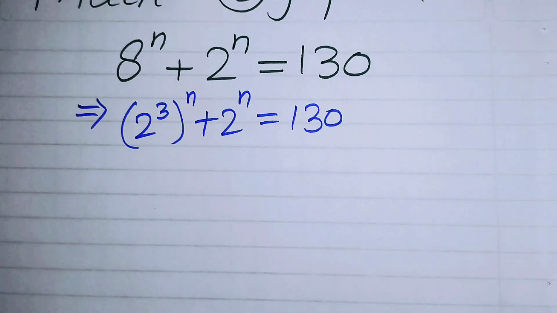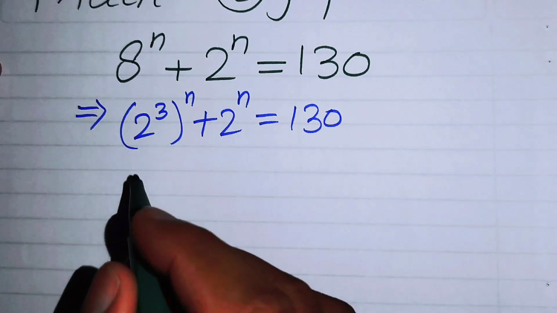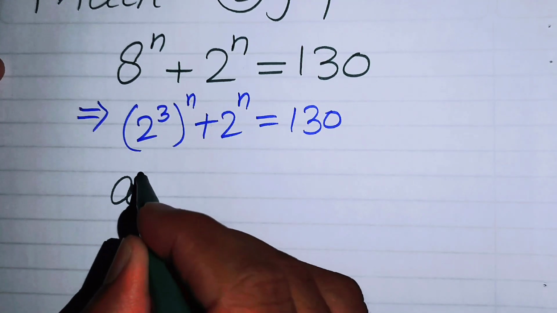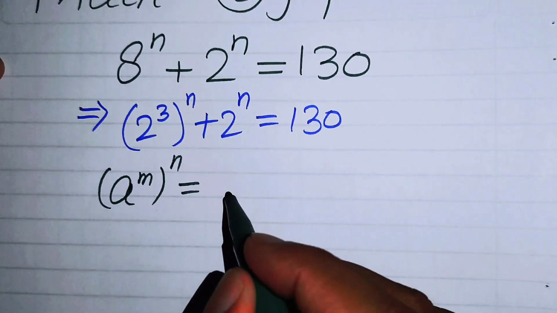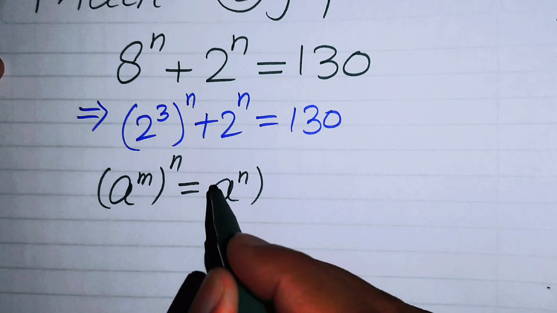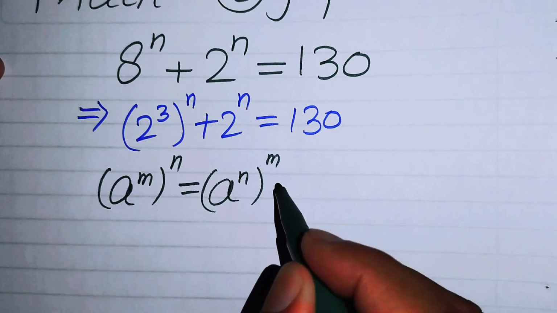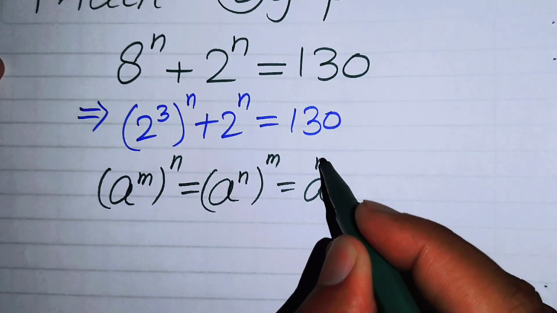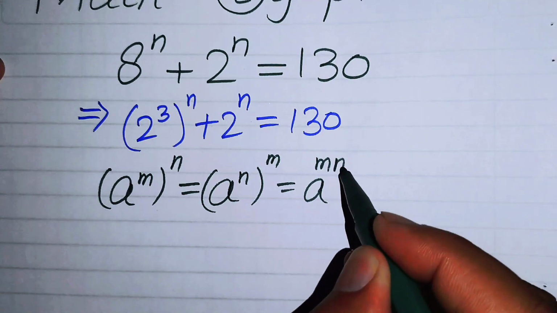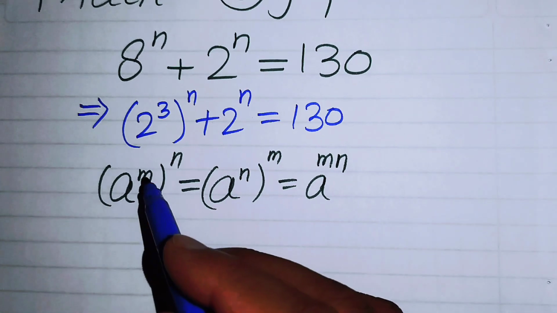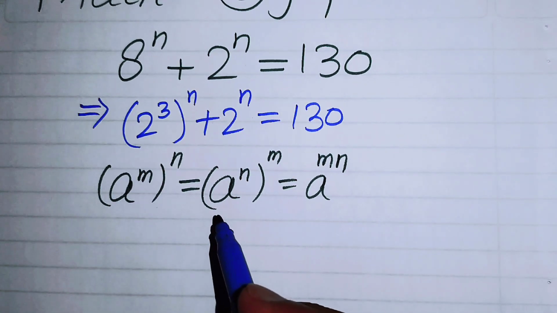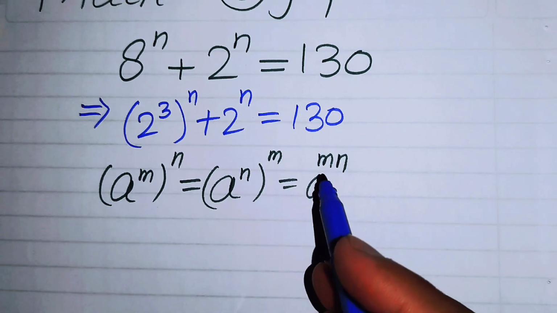And in the next step I can use the nice exponential formula, and you know about this formula. If we have a to the power of m to the power of n, it is equal to a to the power of n to the power of m, and it is whole equal to a to the power of m times n. So this exponential law just tells us that if you interchange these two exponents, it does not affect the answer of this question.